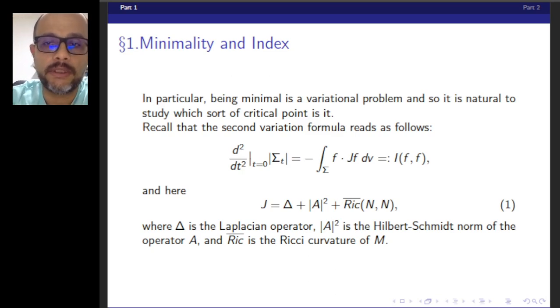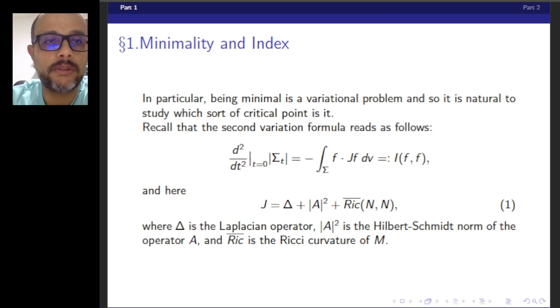So the norm squared of A is just the trace of the operator A squared, and Ric-bar means the Ricci curvature of M. Such an operator on a compact manifold has a discrete spectrum.